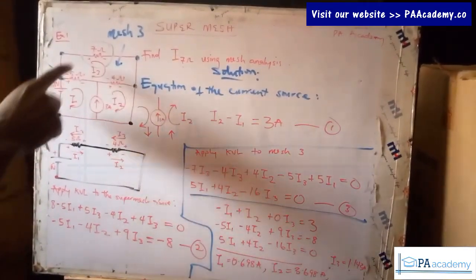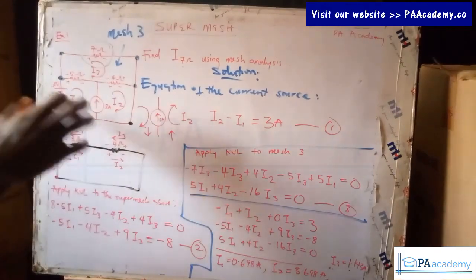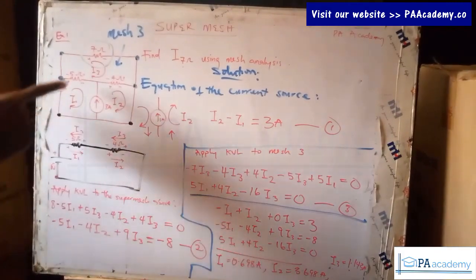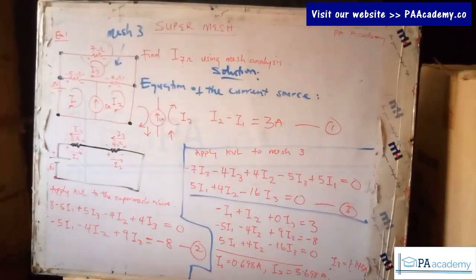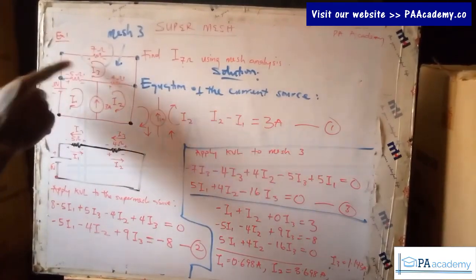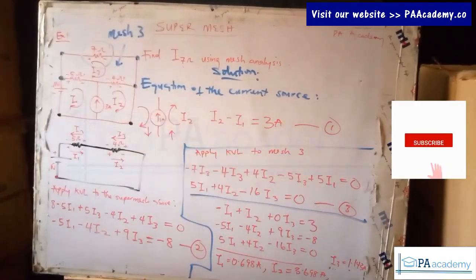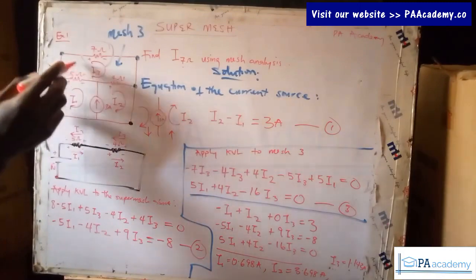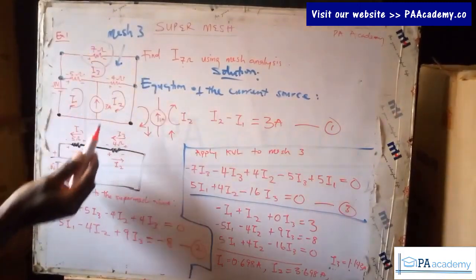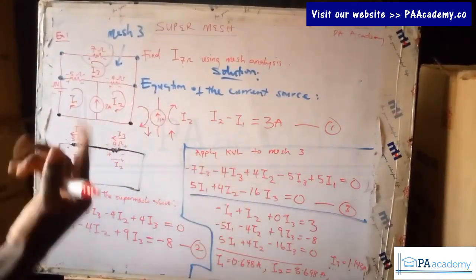In getting the current, you have to now go back to your circuit based on the direction that we used when we started. If you look at this particular mesh, we use a clockwise direction, and in the 7 ohm resistor there is only one current that is flowing through it, and that is the I3 current. You can see when we pick the current direction, only I3 is flowing, compared to this 4 ohm resistor where we have 2 currents flowing through it.